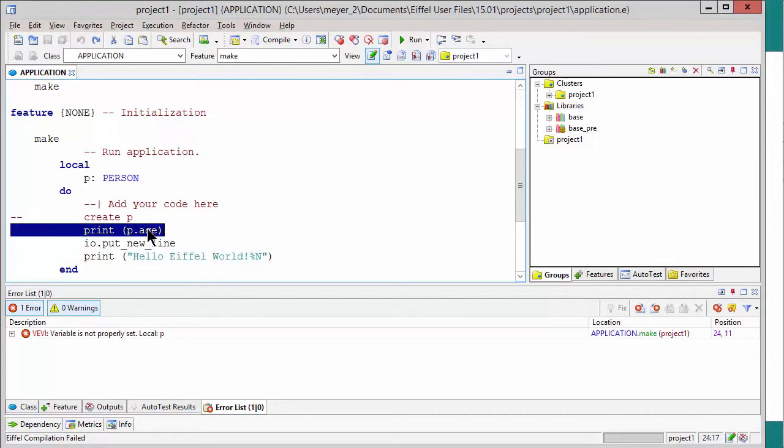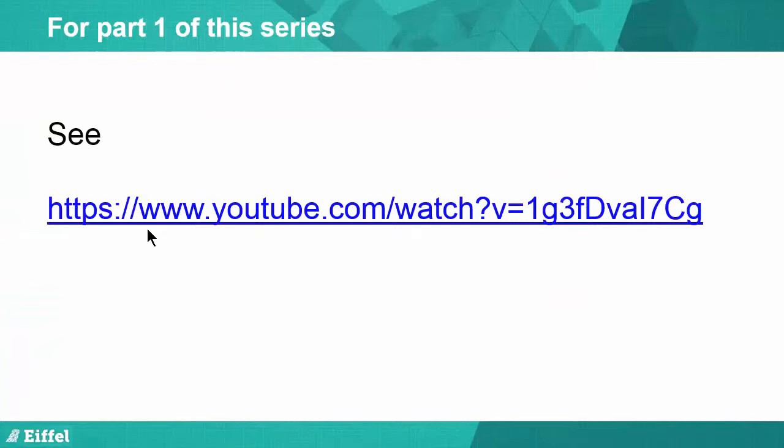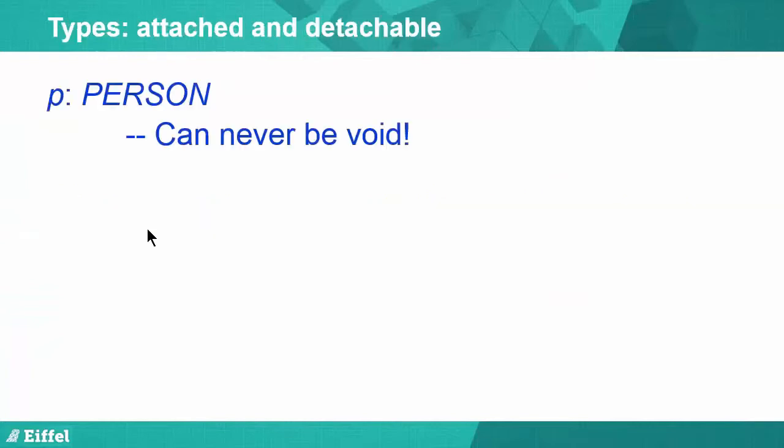So in this segment, we are going to see how to get rid of this error. And the first step is to notice that when we have a variable of such a type, person, what we actually mean in void safe Eiffel is that p at runtime will always denote an object.